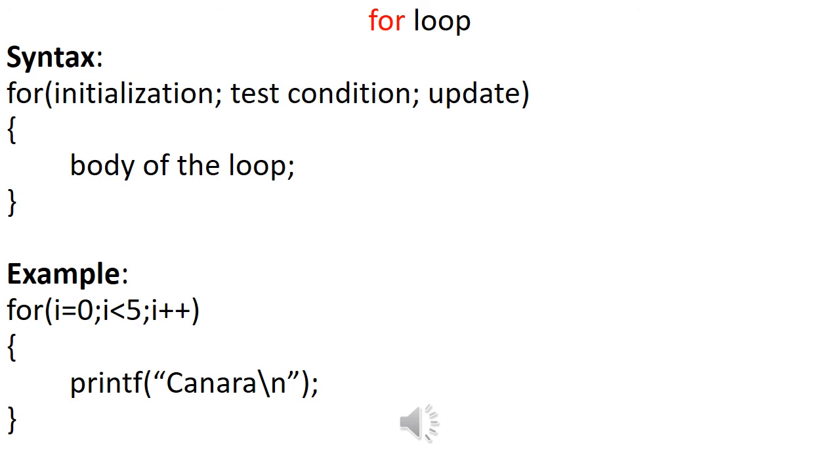Again 2 is less than 5 will be checked, condition is true, so again the body of the loop will be executed. This will continue until I becomes 5. Once I becomes 5, 5 is less than 5 becomes false, so it will come out of the for loop and it will not execute the body of the loop.